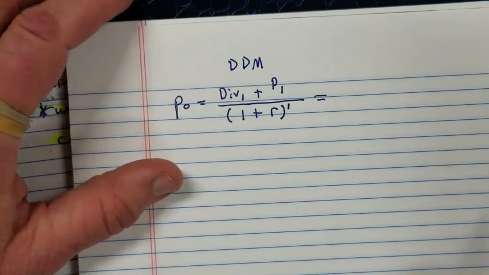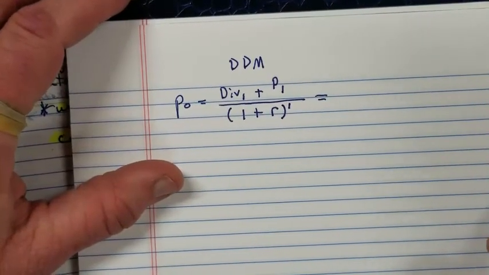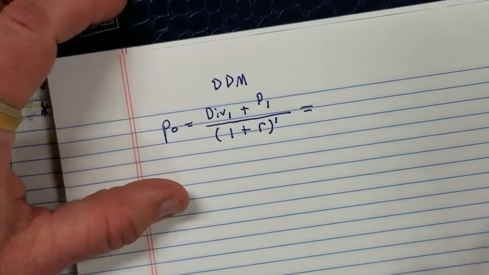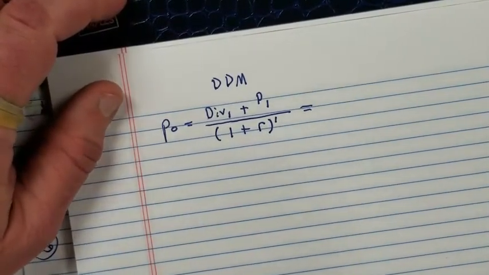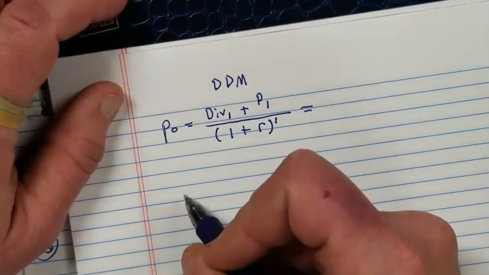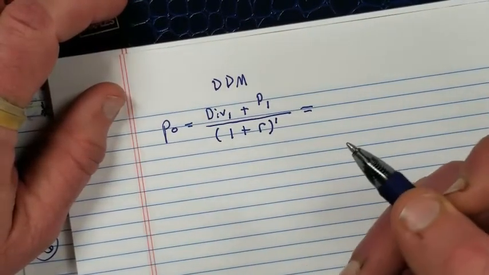That's a nice part about it, and it represents, along with the Gordon growth model, stocks of similar risk.